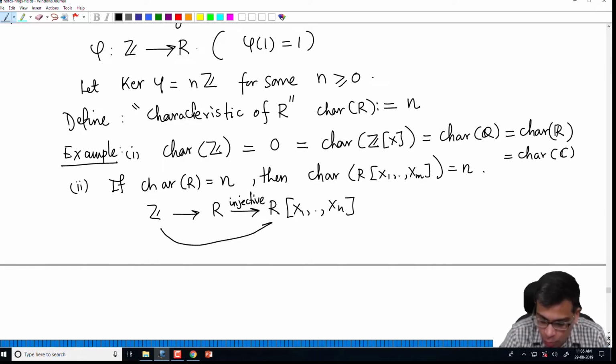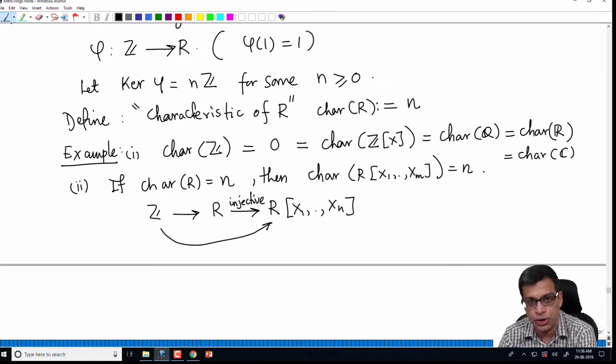So the unique ring homomorphism from Z to the polynomial ring is simply the composition of the unique ring homomorphism from Z to R followed by the inclusion, because 1 has to go to 1. There is only one map from Z to the polynomial ring.